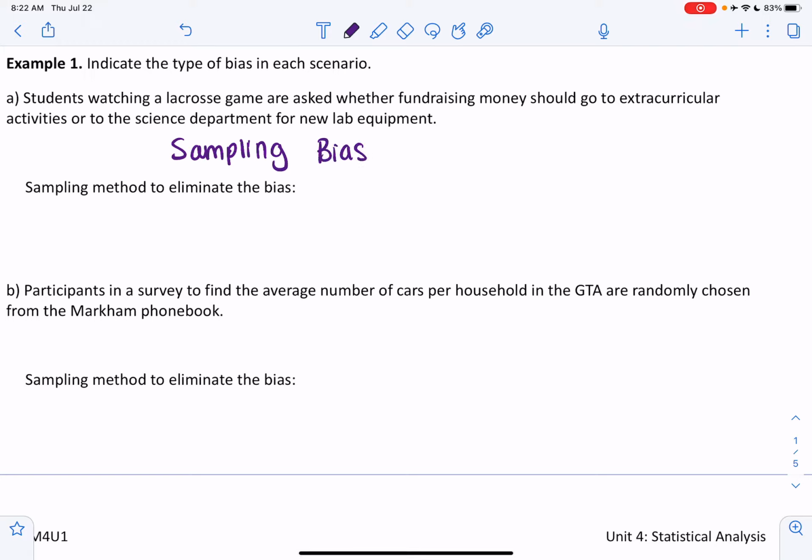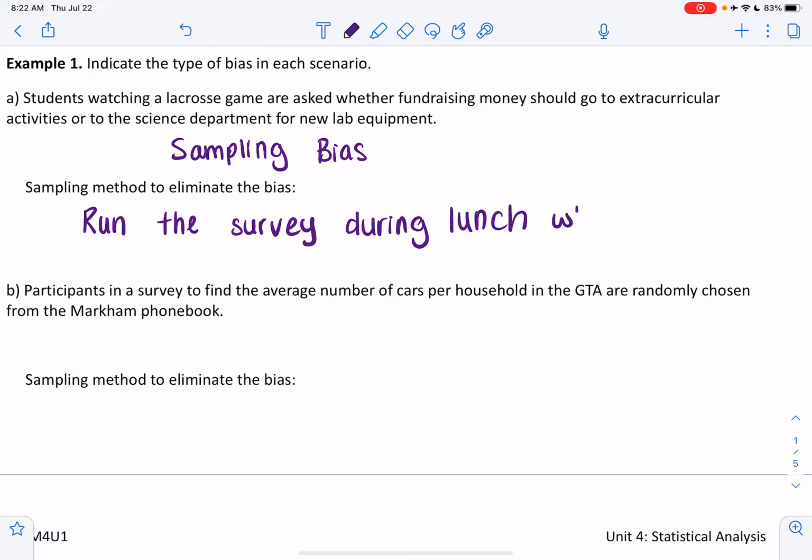It's likely that if I'm asking students at a lacrosse game what we should spend money on, that they're also going to say extracurriculars. So how can I fix this? I could run the survey during lunch when all students can respond.